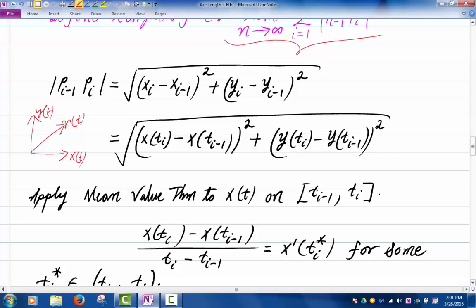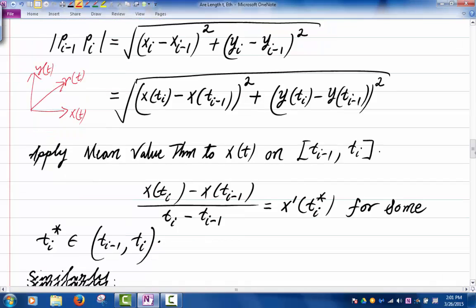What does the mean value theorem say? Well, if you think about x of t_i minus x of t_{i-1} divided by t_i minus t_{i-1}, what is that quantity? This is the change of x divided by the length of the period.